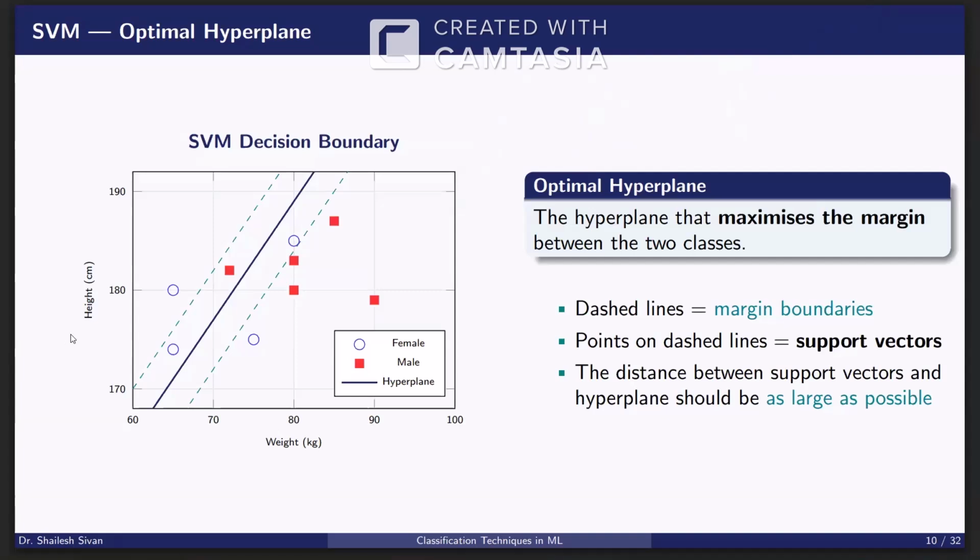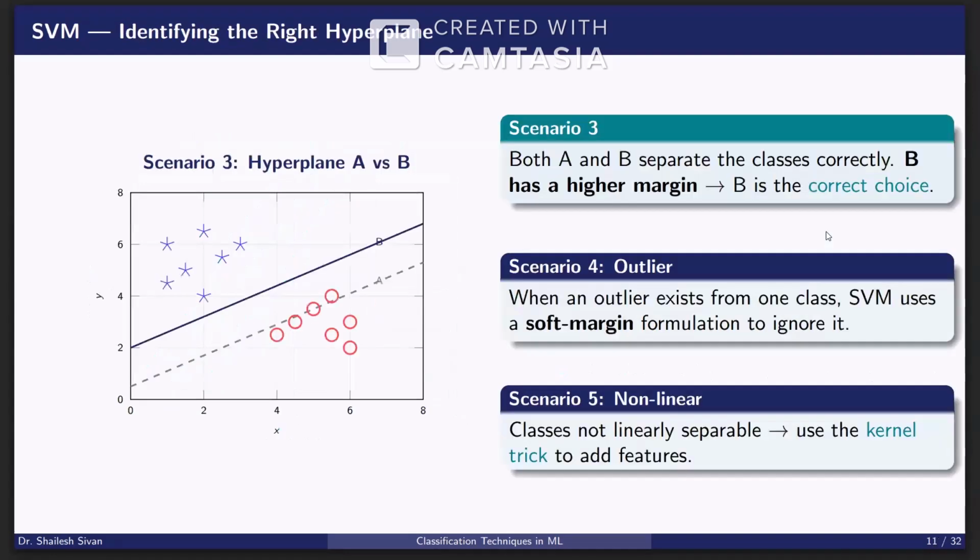Is it clear now? The hyperplane that maximizes the margin is actually called the optimal hyperplane, and that hyperplane is calculated in support vector machine.